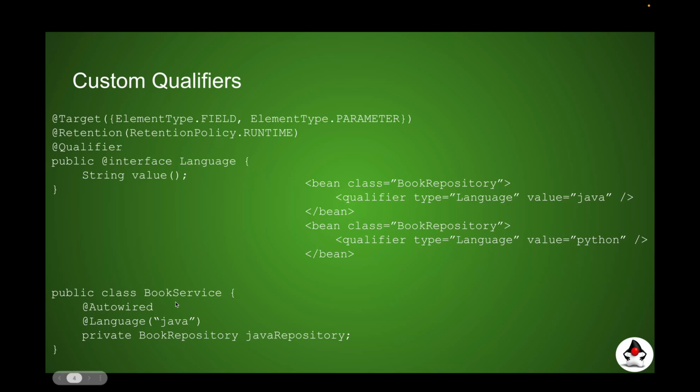We just passed Java here, and whenever we want to define a bean with that qualification, in the qualifier tag we use type, and the type will be the fully qualified name of this annotation. Let's say this language annotation is inside the qualifiers package, so the type will be qualifiers.language, and the value will be whatever value we want to give.